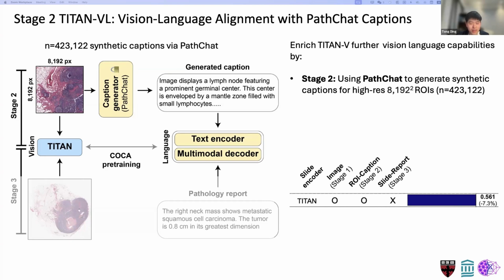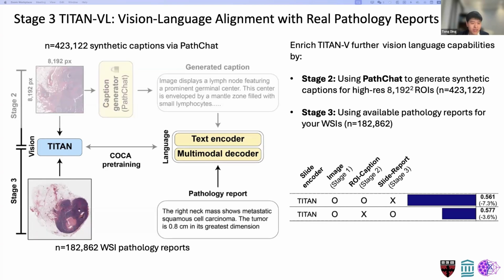Going beyond this stage, next we tried aligning Titan with real pathology reports. Here we collected more than 180,000 paired pathology reports, which is a subset of our stage 1 training. And here we demonstrate a slightly better performance as compared to using synthetic captions only.